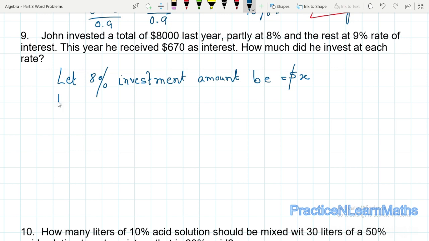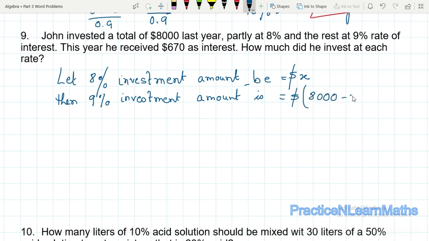Then the 9% investment amount is $8,000 minus x.